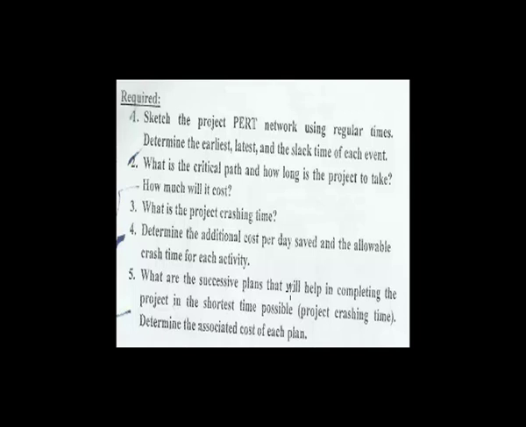So after we have prepared our calculations, starting from requirement number 3 and 4, you have calculated the project crashing time, you have calculated the additional cost per day saved and the allowable time for each activity. Using this information, you can suggest successive plans in order to crash this project, and we are going to see this next.